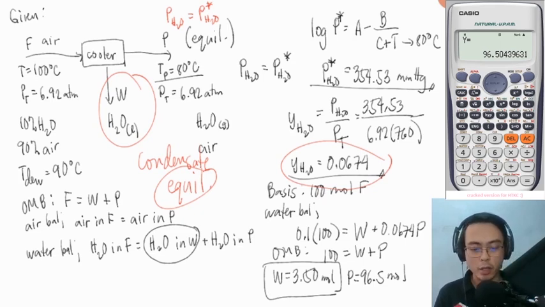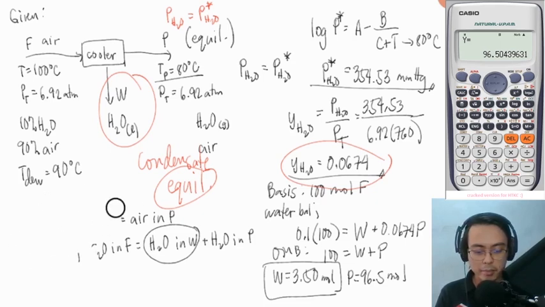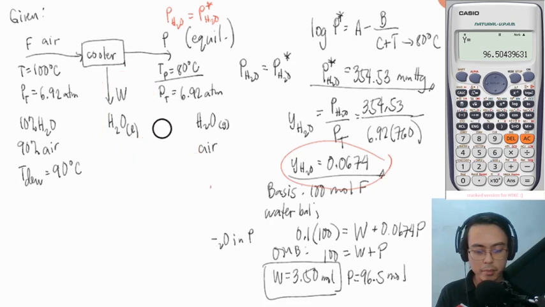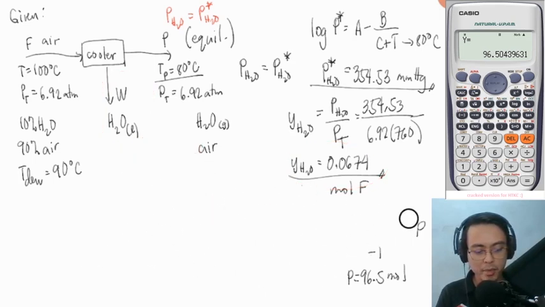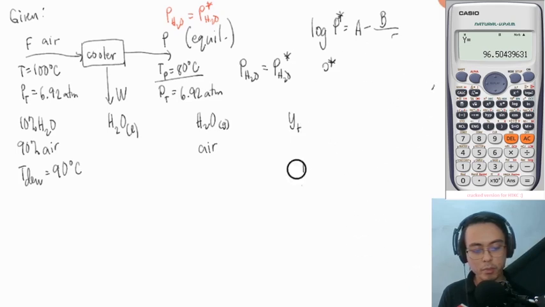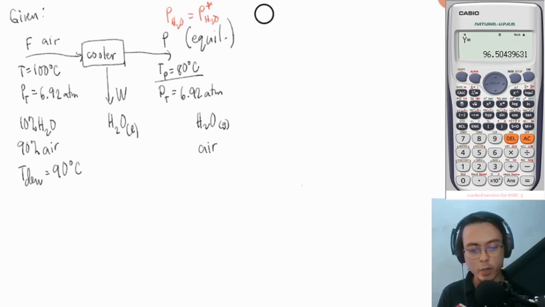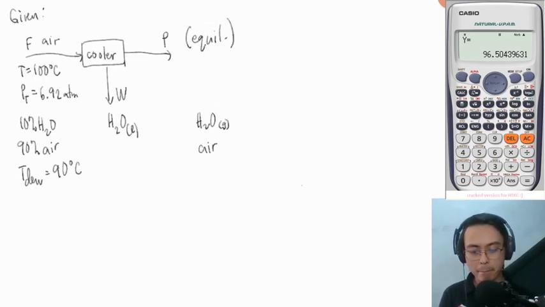So let me first erase some things. For the last question, calculate the percentage of the vapor that condenses and the final composition of the gas phase if the air is compressed to 11.18 atmospheres isothermally.